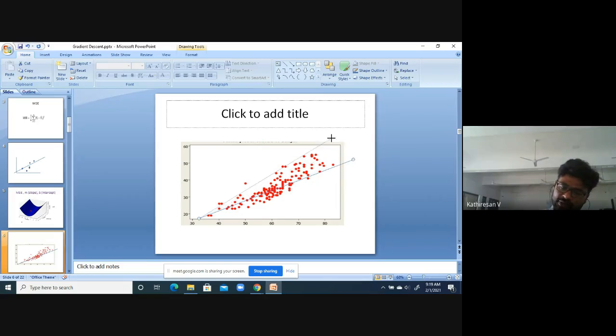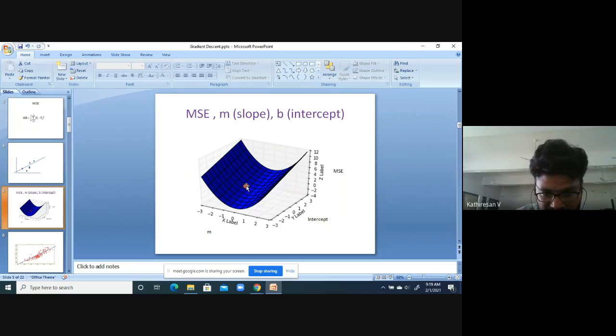Here it will get increased and reach high. Here only the sensitive area is residing, so here only you have to take the minimum point or global minimum point.